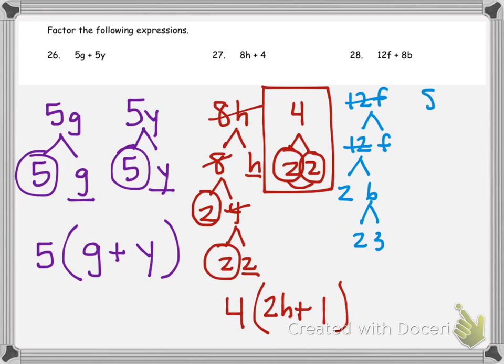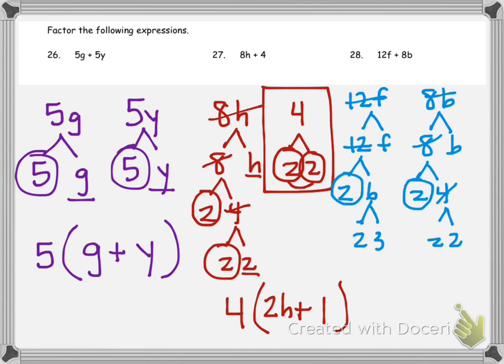And then 8b, well, that's 8 times b. And 8 I can break into 2 times 4, and 4 I can break into 2 times 2. So now I look for what's common. I see this 2 matches that 2. I see another 2 here matches another 2 there. And that 6 is gone, so that's it.